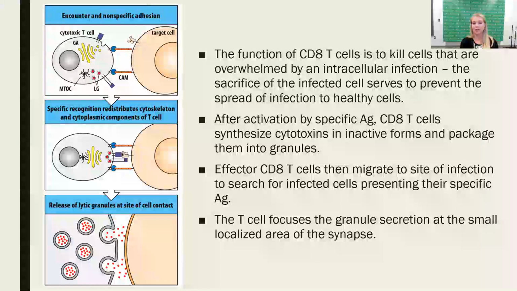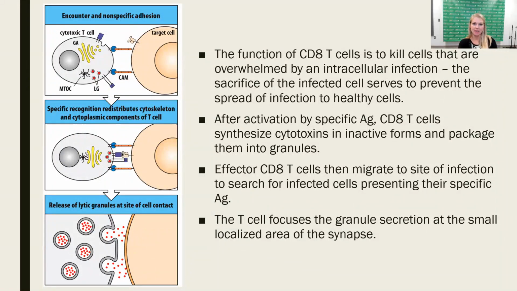It's just that the CD8 positive T cells are going to be there when the innate immune system is completely overrun and the NK cells just can't keep up anymore. After a CD8 positive T cell has been activated by specific antigen, and it gets the co-stimulatory signal from a dendritic cell, then it can start to synthesize these cytotoxins.